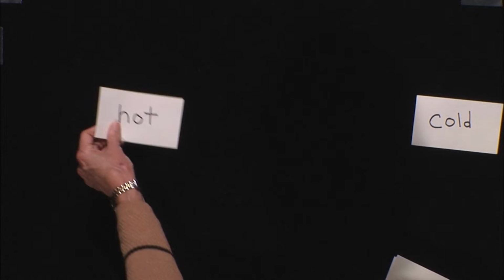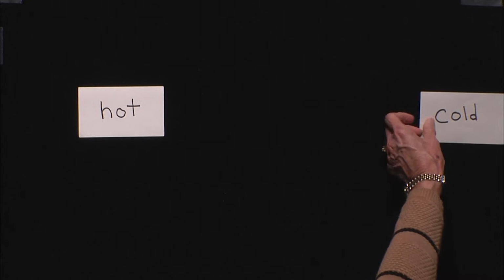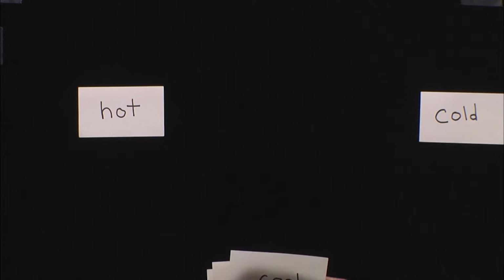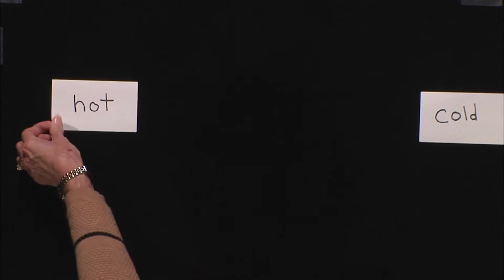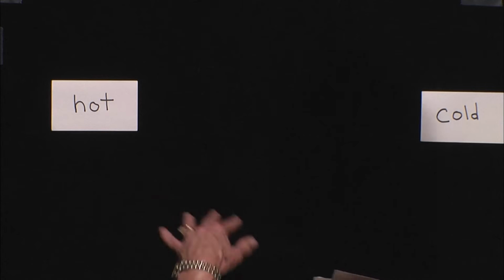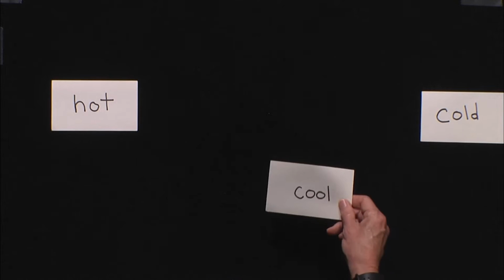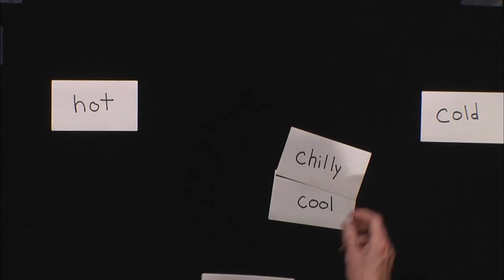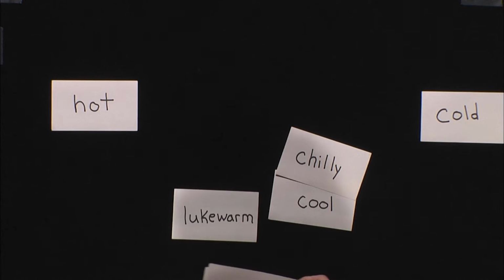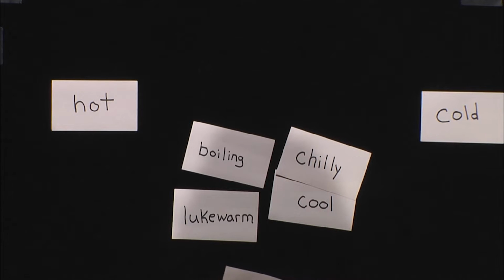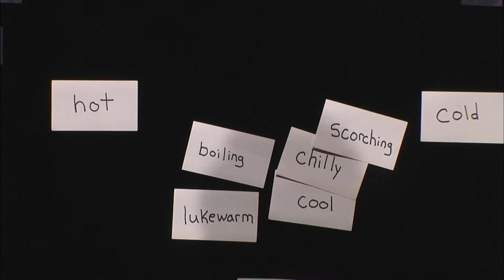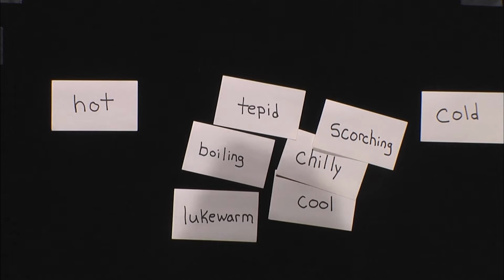They are opposites of one another. Then I have several words that I'm going to arrange between these two words. So it's a continuum. I have cool, chilly, lukewarm, boiling, scorching, and tepid.